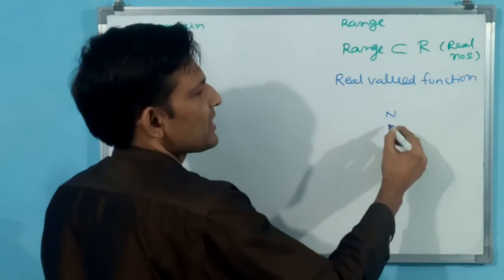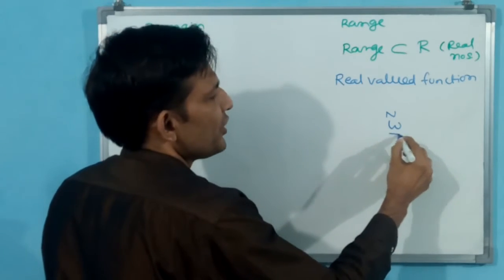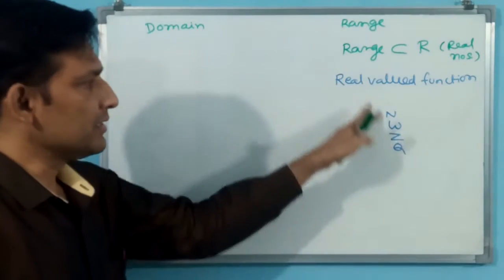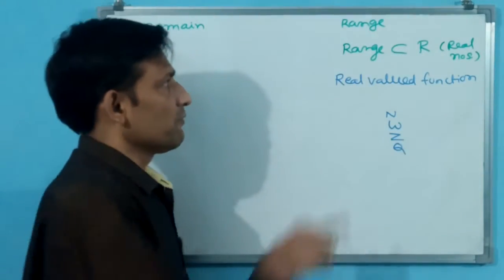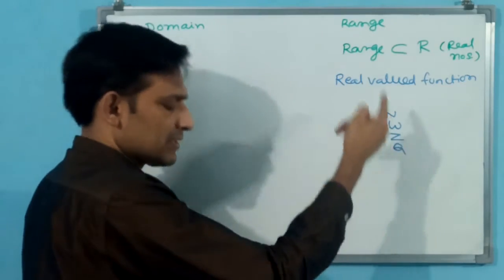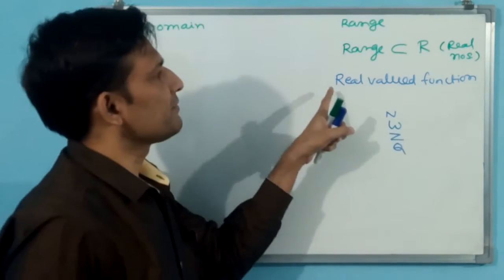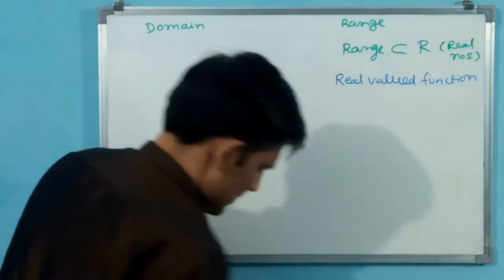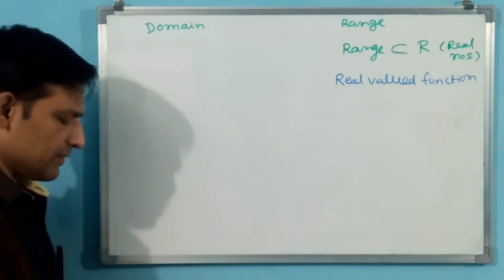If the range has natural numbers or whole numbers or integers or rational numbers, then that function is going to be called as real valued function. Okay, that is a real valued function.